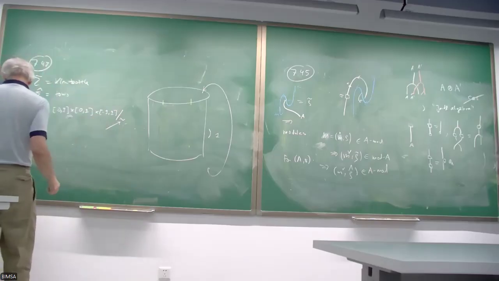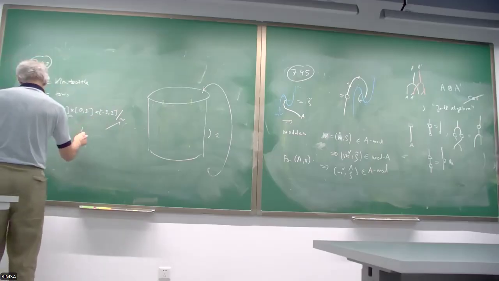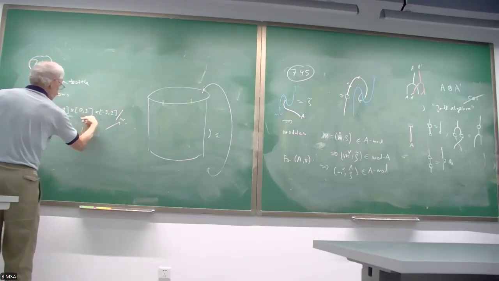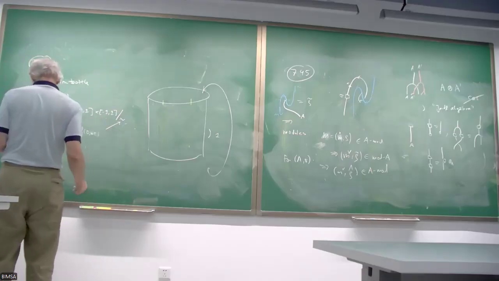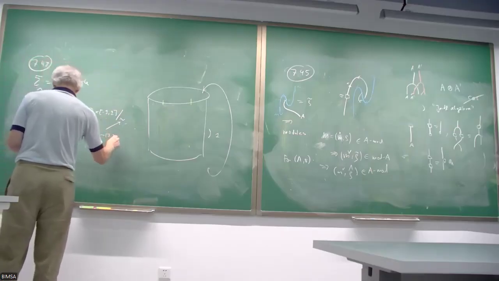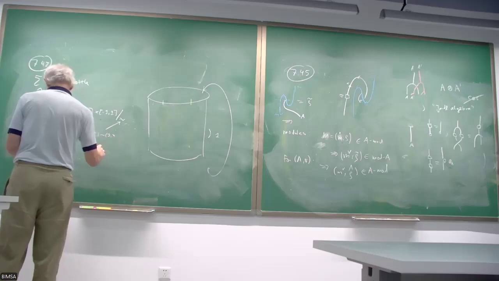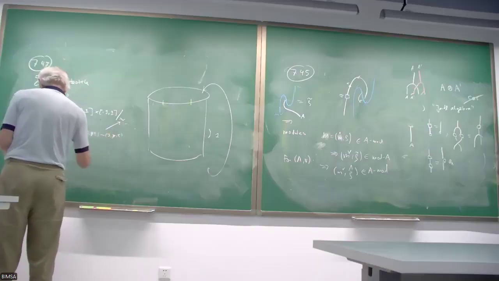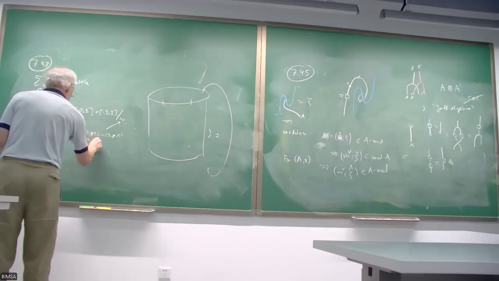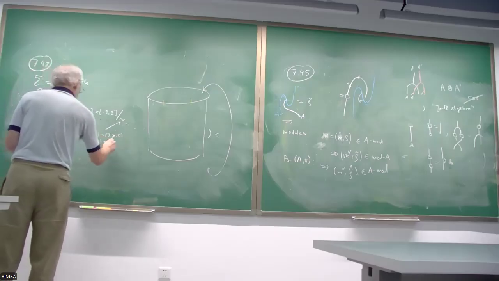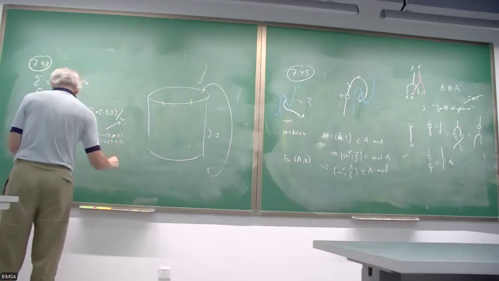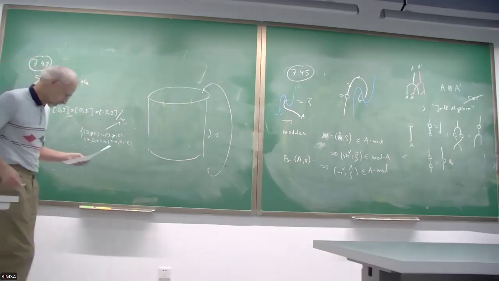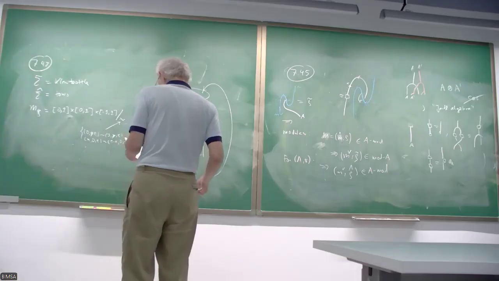I take this product here and identify (0, t) with (1, 1 minus t), and (x, 0) with (x, 1). Just amounts to, in the end, obtaining the Klein bottle.